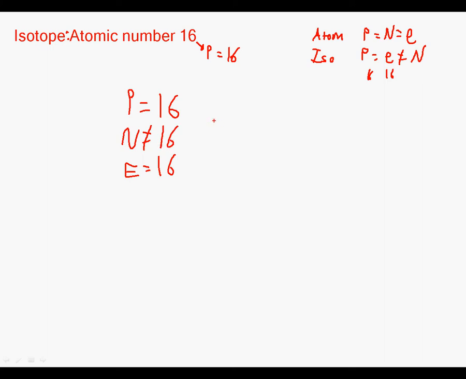So that's one way to get a perspective on how to answer a question if I asked you how many protons, neutrons, electrons were in an isotope with an atomic number of 16. Let's go ahead and continue.